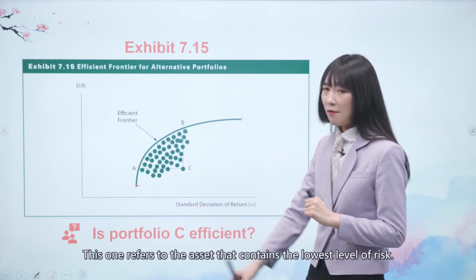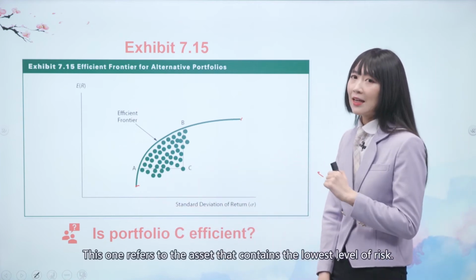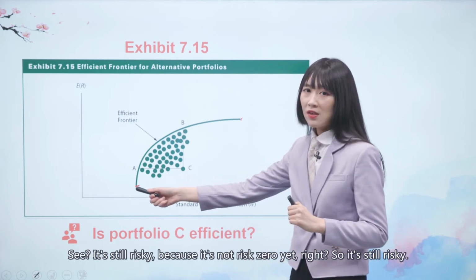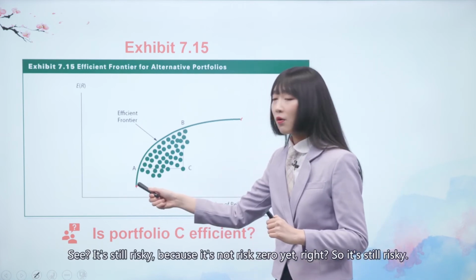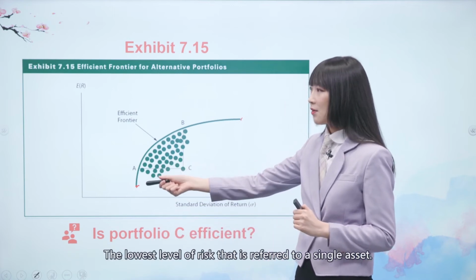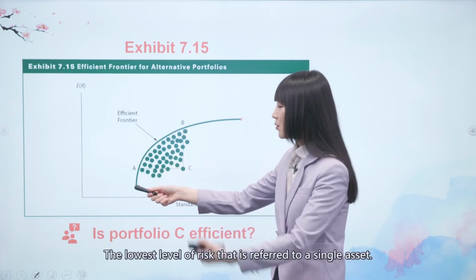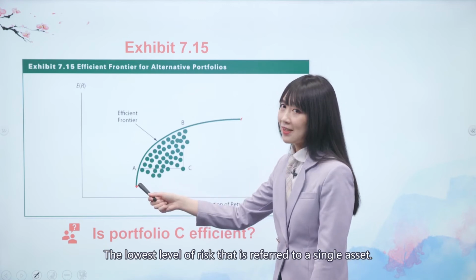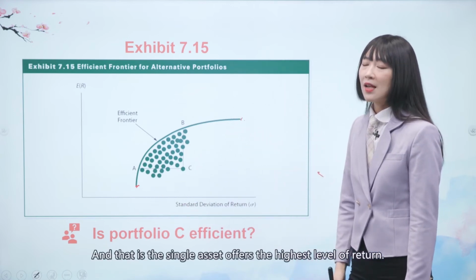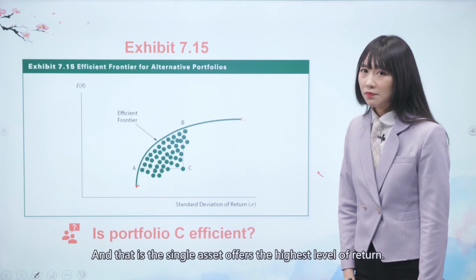This one refers to the asset that contains the lowest level of risk. See, it's still risky because it's not risk zero yet, right? So it's still risky. The lowest level of risk is referred to a single asset. And that is the single asset that offers the highest level of return.